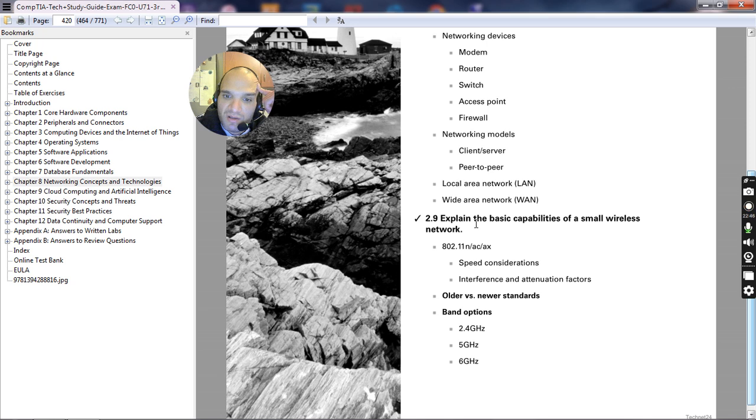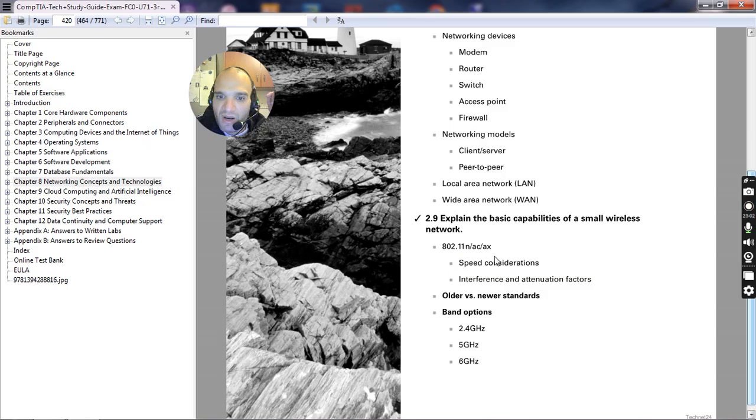And sub-objective 2.9, explain the basic capabilities of a small wireless network, 802.11n or AC or AX.